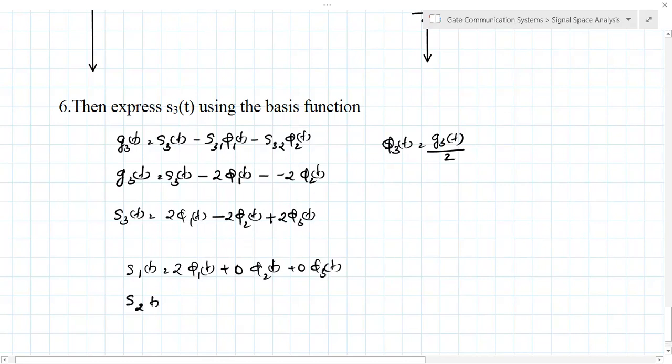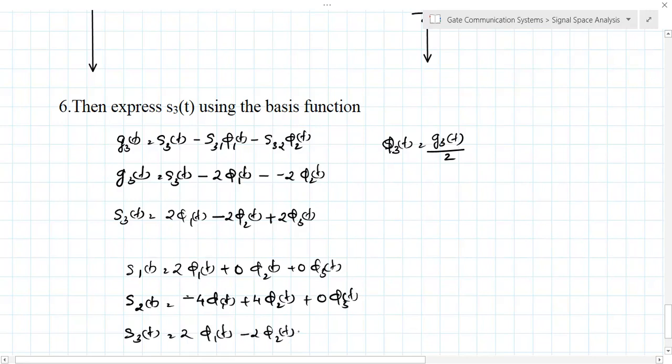And S2 of t you can write, I think, minus 4 phi 1 of t plus 4 phi 2 of t, and the third is 0. The third signal S3 of t can be represented as 2 phi 1 of t minus 2 phi 2 of t plus 2 phi 3 of t. So we can express all these signals in terms of its orthonormal basis function.